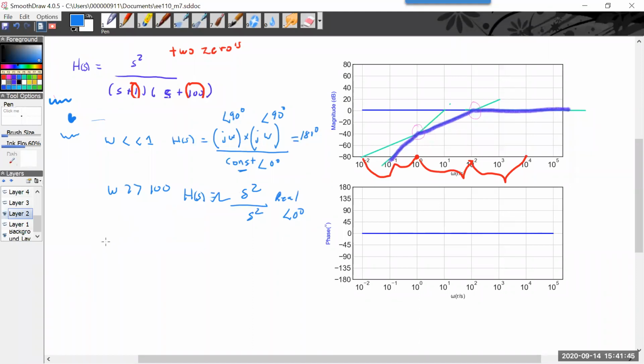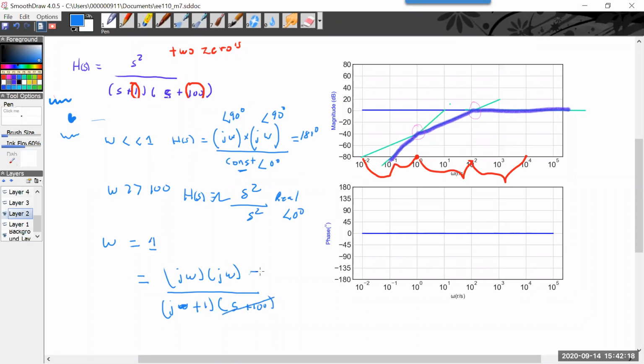Now we can also do omega equals 1. This is still true. And then 1 is a lot less than 100, so this part drops out.